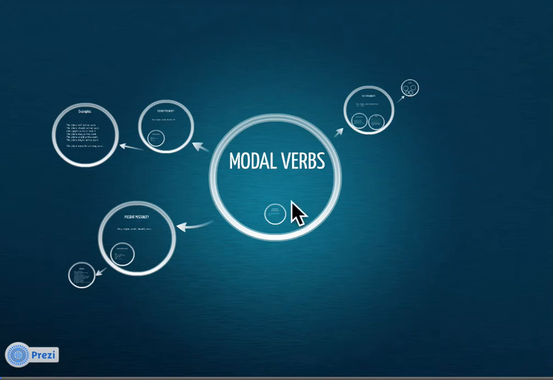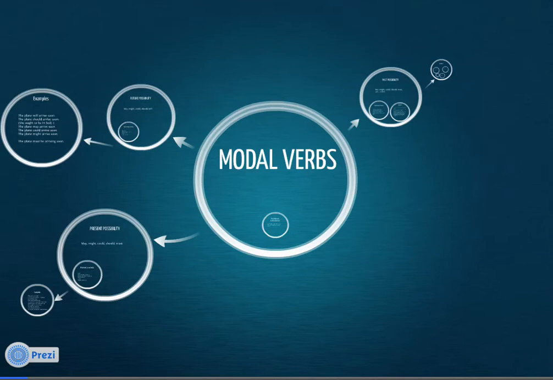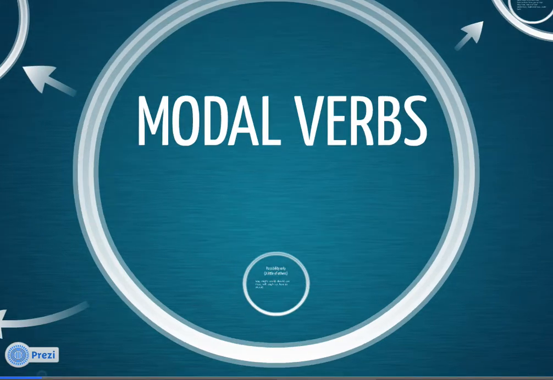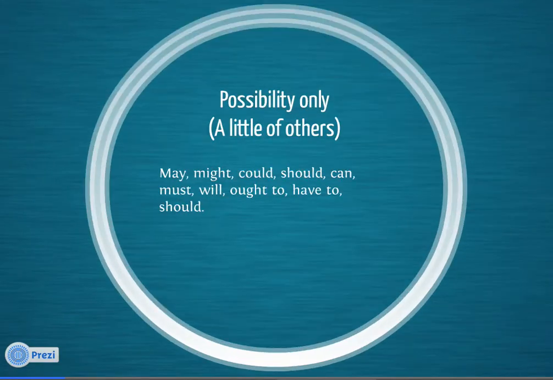And we're going to merge both chapter 7 and 8 because they both talk about the same thing, about modal verbs. Modal verbs have many uses, but in these two chapters we only focus on possibility.